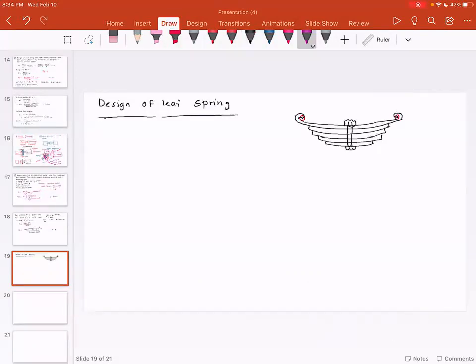And then you have recoil clips that help control the recoil. And then you will notice that usually they are mounted somehow attached to the axle, and this side is attached to the chassis. So this is the leaf spring.